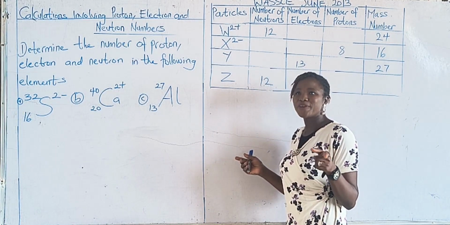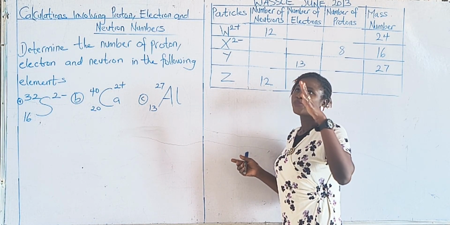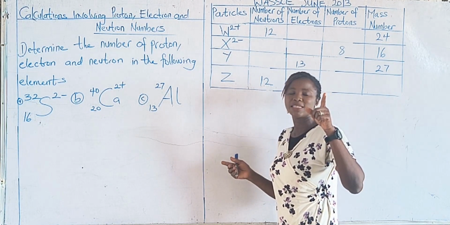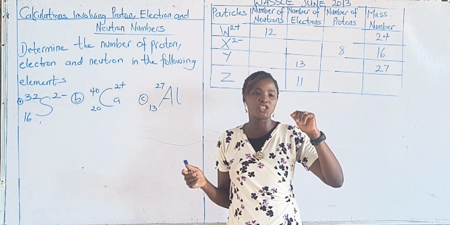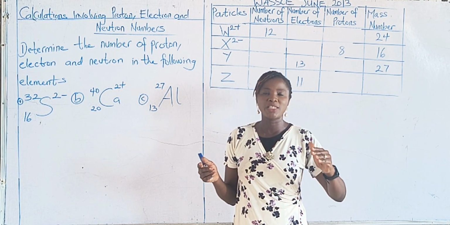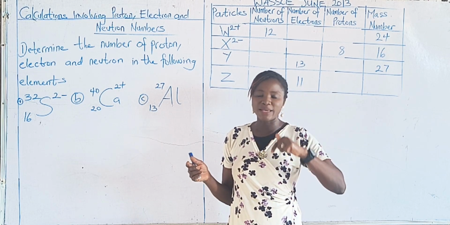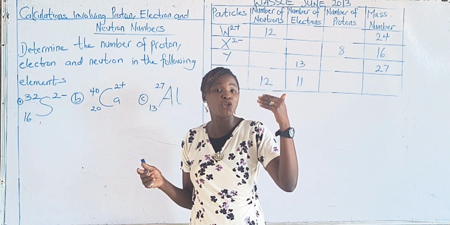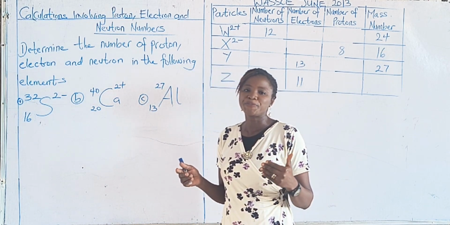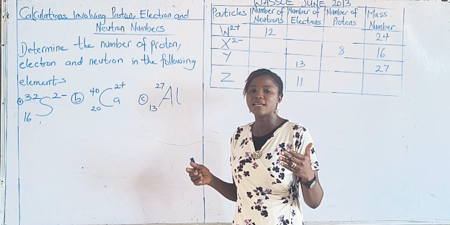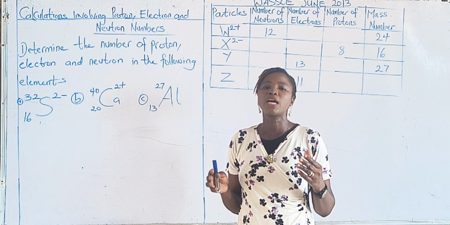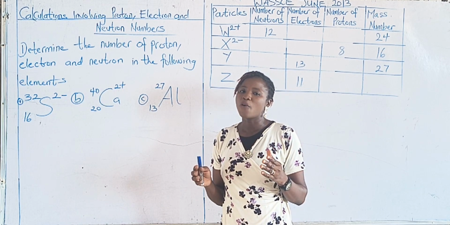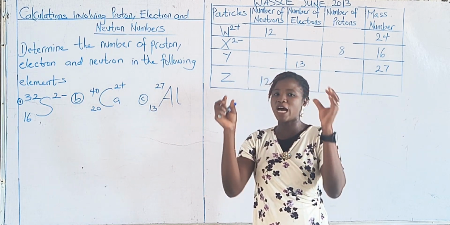In our previous lesson, we looked at classification and types of elements. I mentioned the classification of elements: metals, semi-metals or metalloids, and non-metals. I explained that metals are elements which ionize by electron loss, and when they ionize, they have a positive charge.